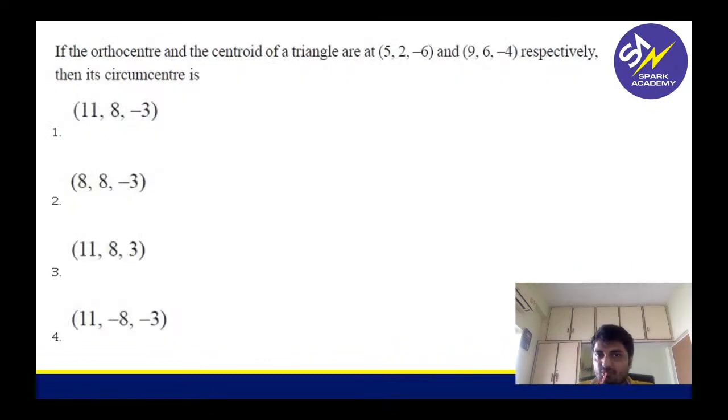Next, tell me this, guys. This I want to know the concept. Anyone? Orthocenter and centroid are given. They are asking you the circumcenter.